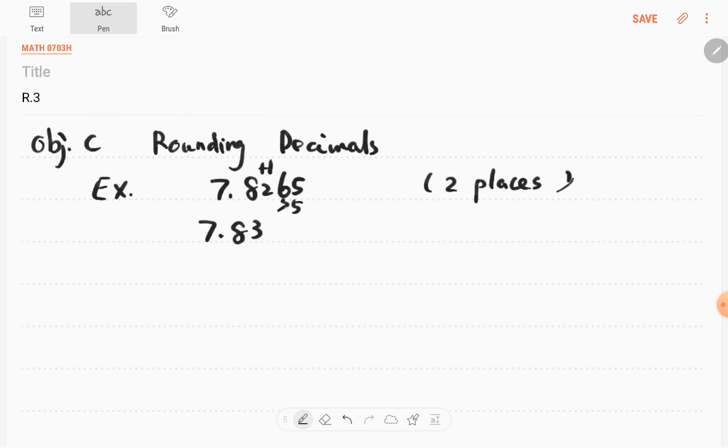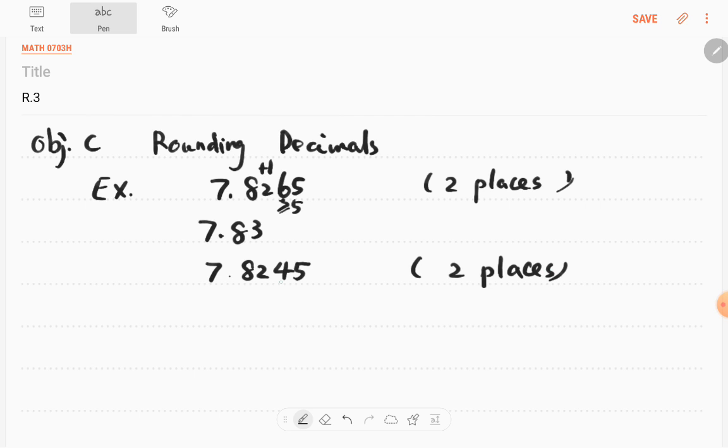But if it's less than 5, then we just keep 2 decimal places and drop the remaining part. So if we have this 7.245 and we still need to round it to the nearest hundredths, we should keep 2 decimal places.